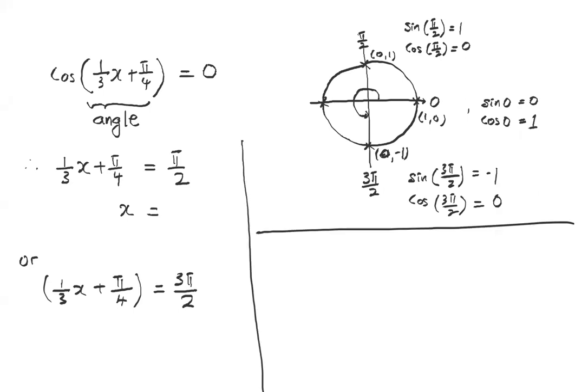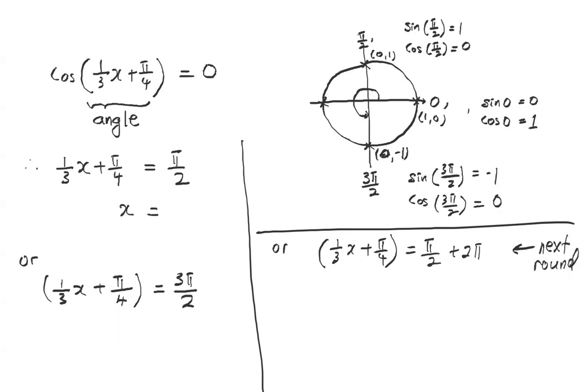Or this angle 1/3 x plus pi by 4 can be equal to, come back to here, pi by 2 plus 2 pi. This is the next round. This means next round.